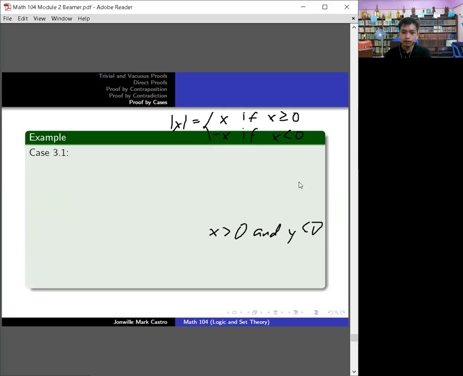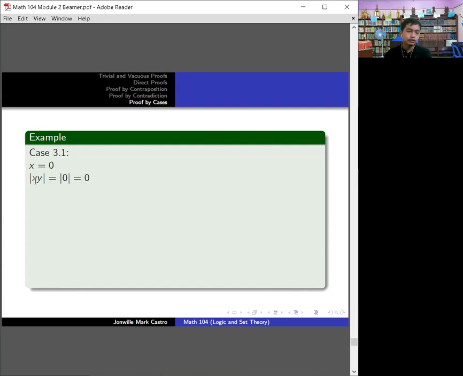Case 3.1, x is 0. If x is 0, then we have yung absolute value of xy is absolute value of 0 times y, which is absolute value of 0 is 0. Yung absolute value of x times absolute value of y is 0 times absolute value of y, which is also 0.